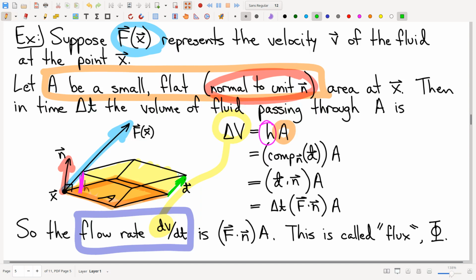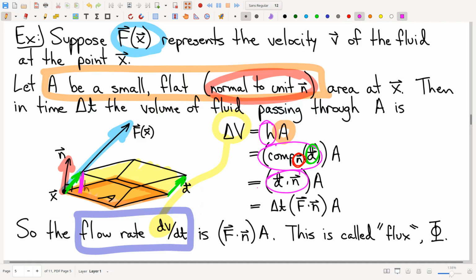But notice the height relates to that displacement, and in particular, the height is just the component of the displacement in that normal direction. Flashbacks to chapter 1. Components, of course, are computed with dot products. So we get that. Okay.